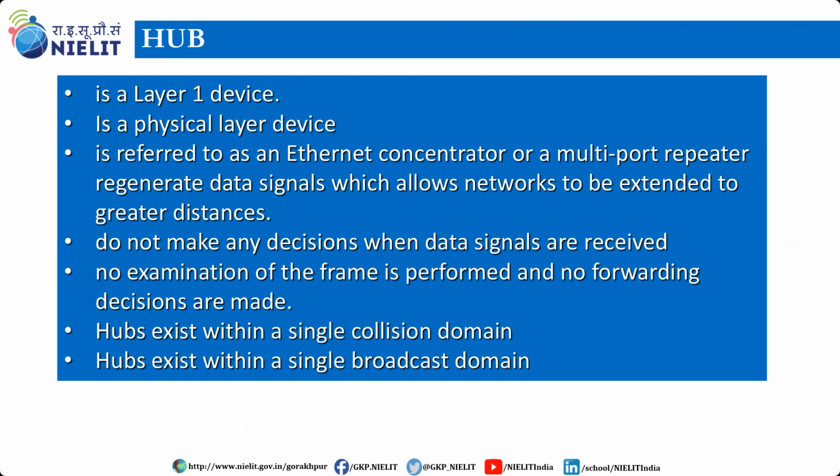So data signal means we are not talking about electronic signals or electronic communication signals. We are talking with respect to data communication, computer network communication. Whenever we send any data, our data is divided into smaller fragments. Basically, the smaller fragment is known as a frame with respect to computer data.